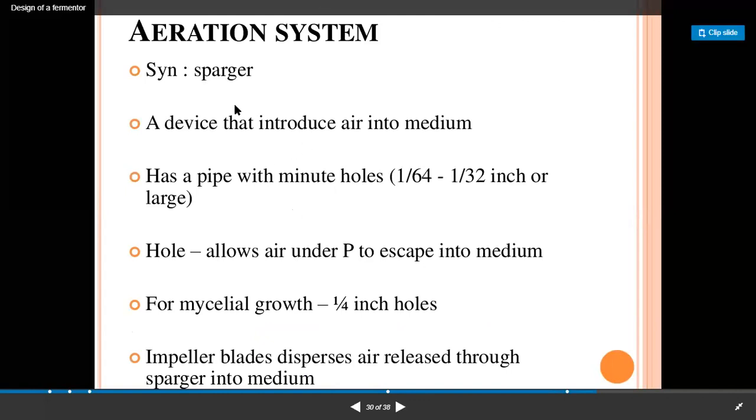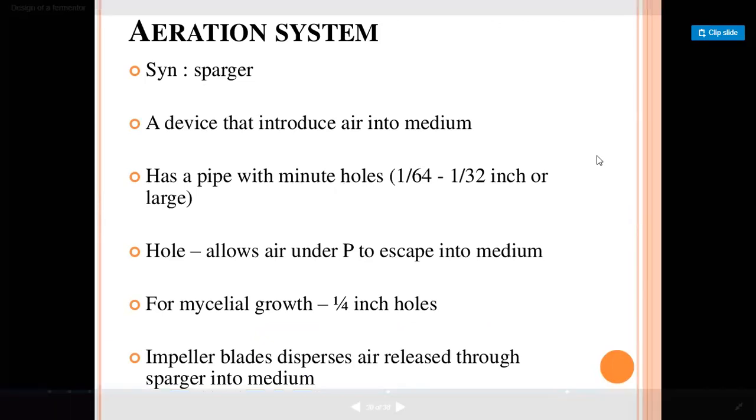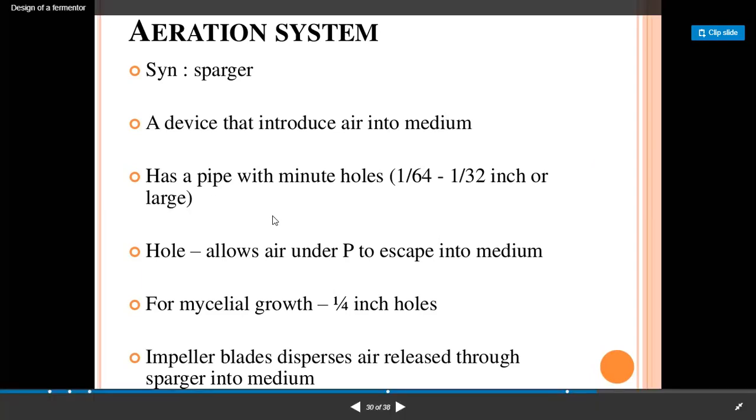Then aeration system, a device that introduces air into the medium. Already in our basic design of fermenter, we have gone through that. It has a pipe with minute holes, 1/64 to 1/32 inch, that allow air under pressure to escape into the medium. For mycelial growth, 1/4 inch holes are used.